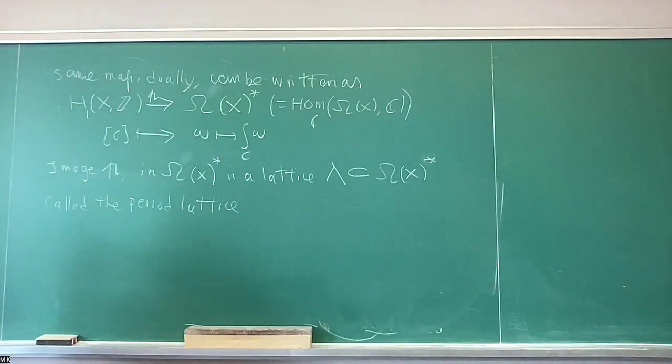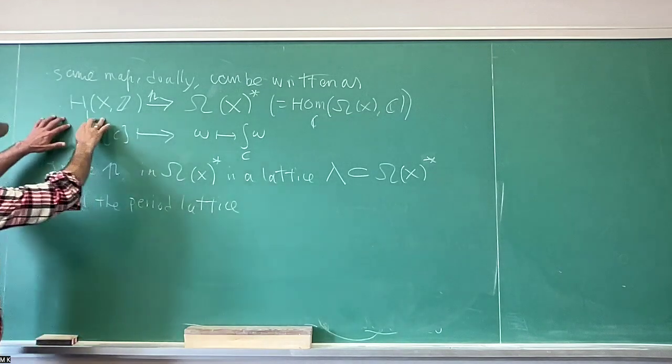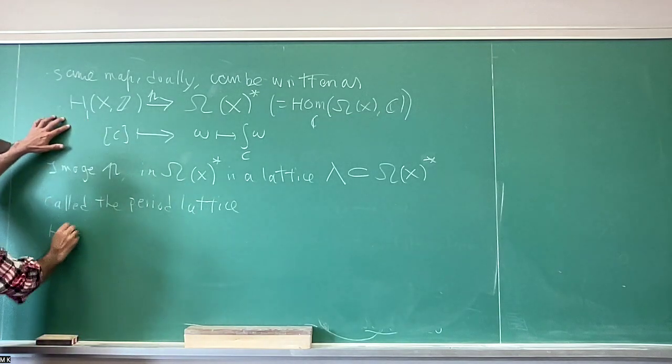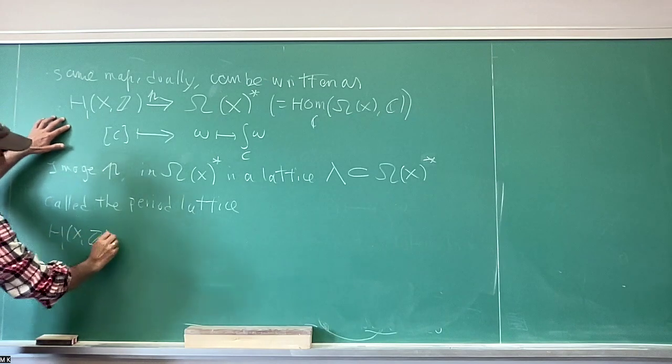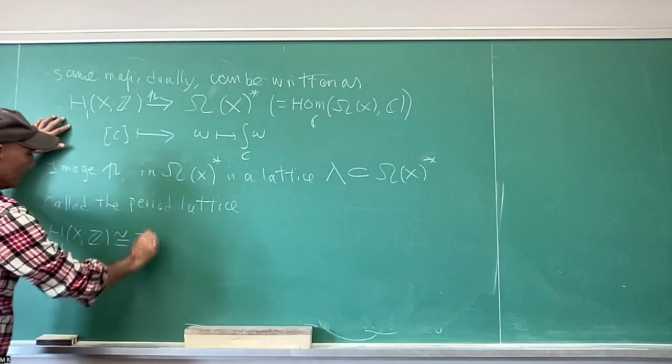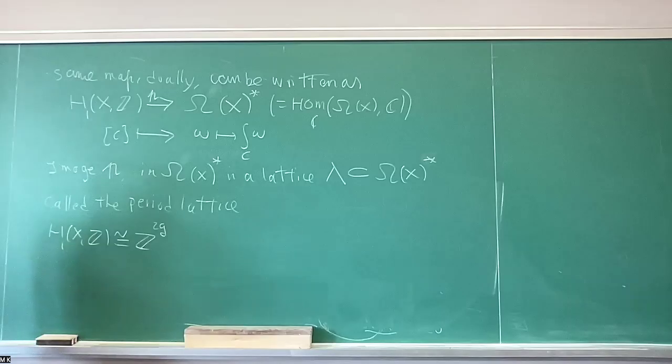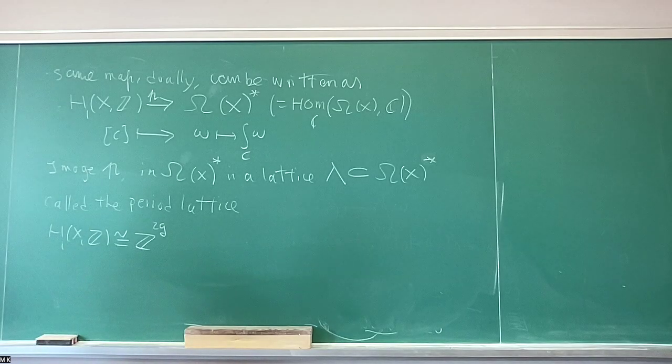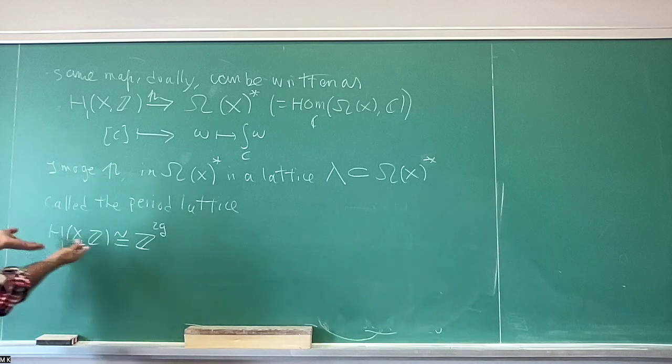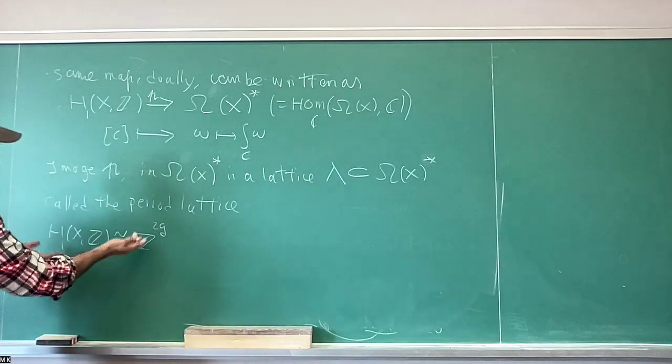Excellent. Okay, so now there is something to be checked. Here is a lattice: H1 of X and Z is isomorphic to Z to the 2g. So it's just a discrete object, right? It's really a lattice in some homology space, or actually an abstract lattice, Z to the 2g.